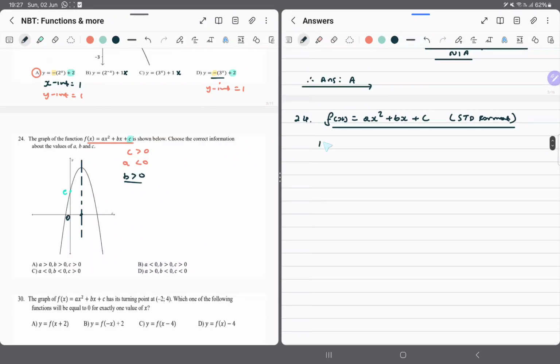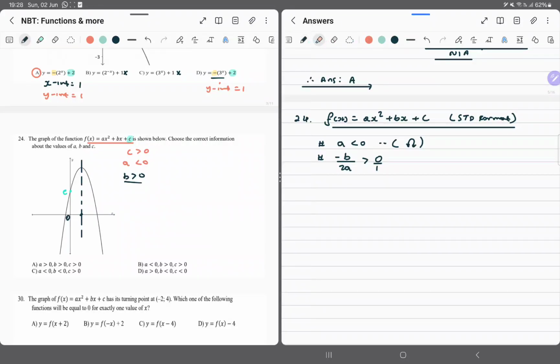So from here, we can appreciate that a is less than 0 because the graph is concave down. Too, we've established that b is greater than 0, but how do we know? Because we know minus b over 2a is greater than 0 over 1.